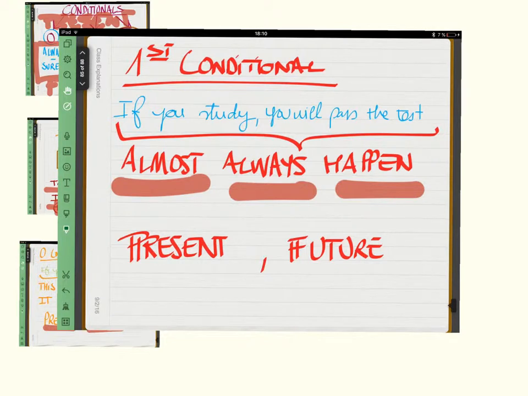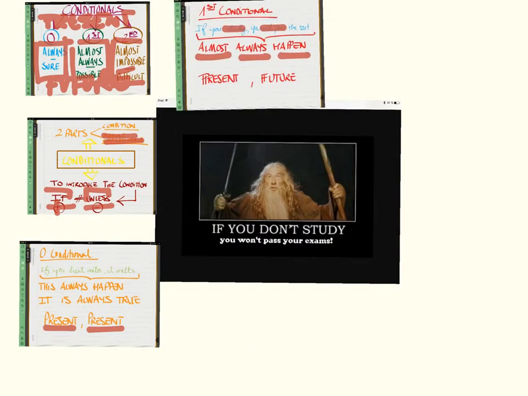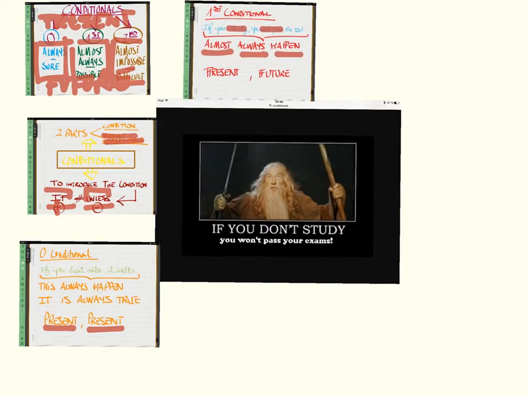In this case, what you have is present and then future. Instead of will, you can use can, but if you use future, it's okay, and you use it when something's possible. As always with conditionals, you have to remember that things depend on what you want to express. So maybe you can use different conditionals, but what it's going to change is your intention when you are saying things, okay? Let's go to second conditional.